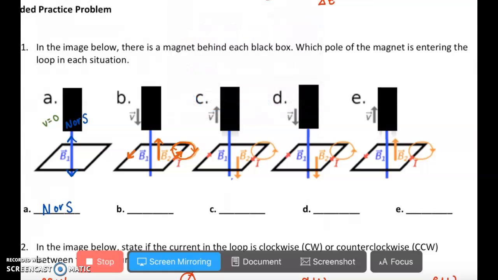So the question becomes, what must have happened with this magnet in order to gain downwardsness, causing me to react with an upward magnetic field? Well, because my magnet is moving downwards, that must mean that my magnetic field was downwards.